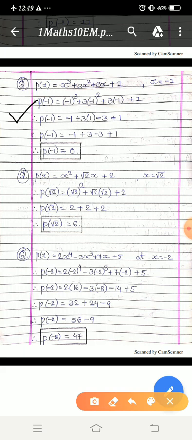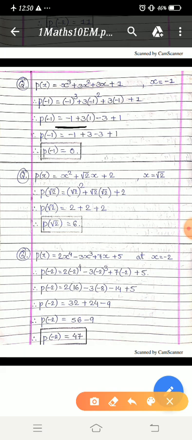So instead of x, now we need to put minus 1. So p of minus 1 equals x cube, that is minus 1 cube, next plus 3 as it is, x square, that means minus 1 square, plus 3 as it is, instead of x it will be minus 1, and plus 1 stays as it is. Now next point, minus 1 cube.